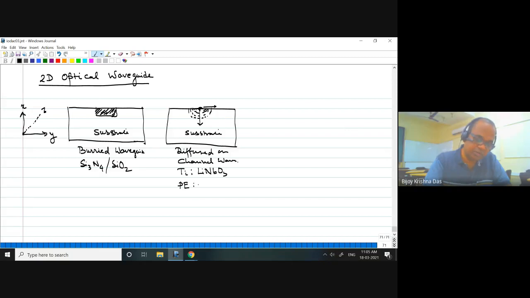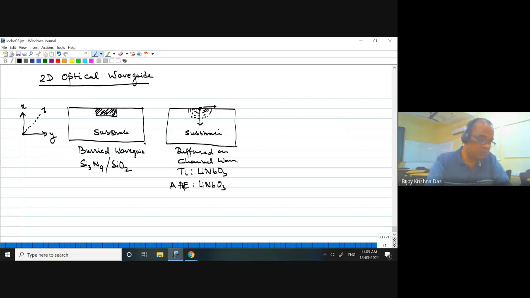Proton means H plus. If you dip lithium niobate in a weak acid like benzoic acid, then lithium ions will be substituted by hydrogen ions, that is H plus, called protons. So this is a proton exchanged lithium niobate waveguide. Sometimes it is also called APE, annealed proton exchange waveguide. They are very popular for modulator circuits, or integrated optical modulators.